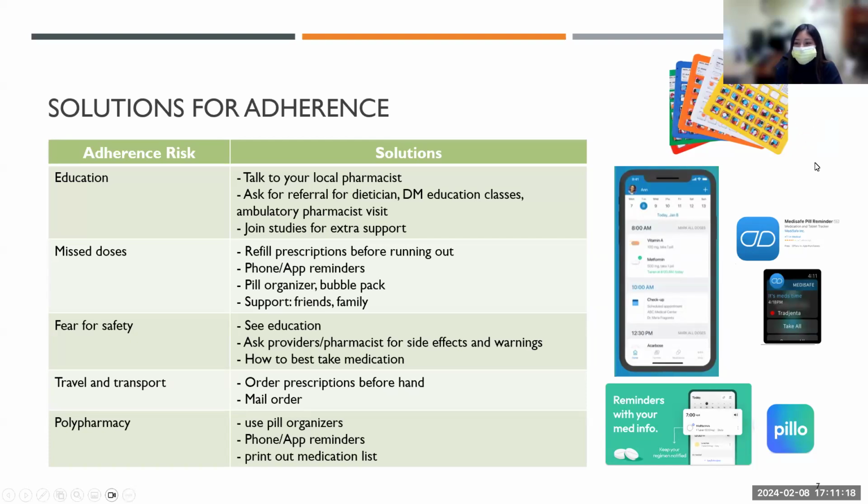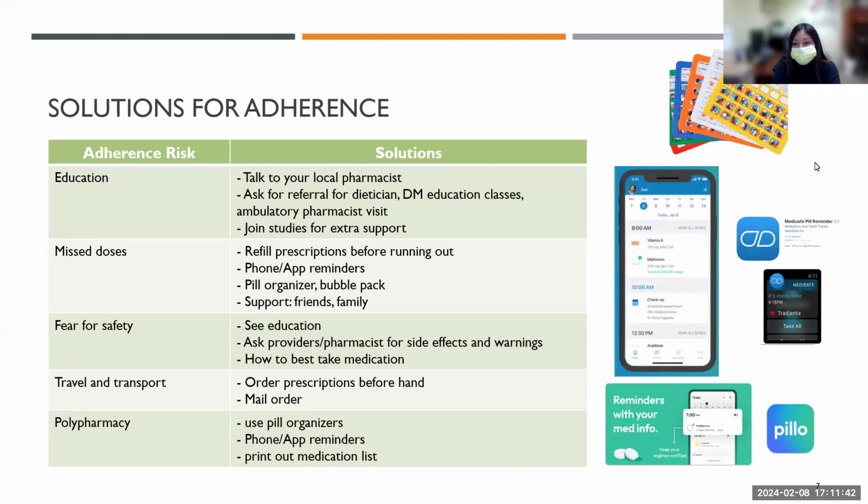These bubble packs you can actually make yourself. They're essentially pouches where you can put all your pills in for the day and then seal it back up, and then just take one pack each day as you go. So you can purchase these on Amazon and make your own bubble pack. And that might be an easy way to remember to take all your medications.